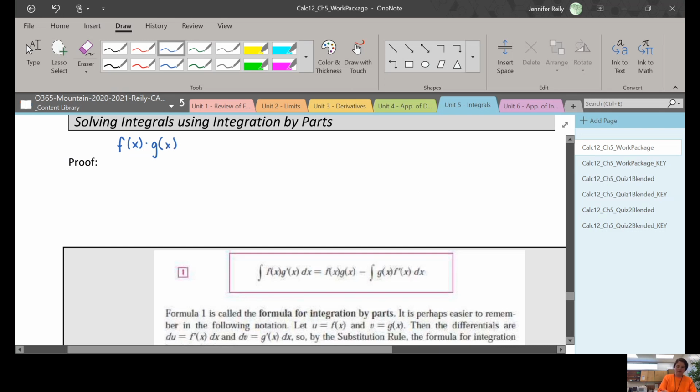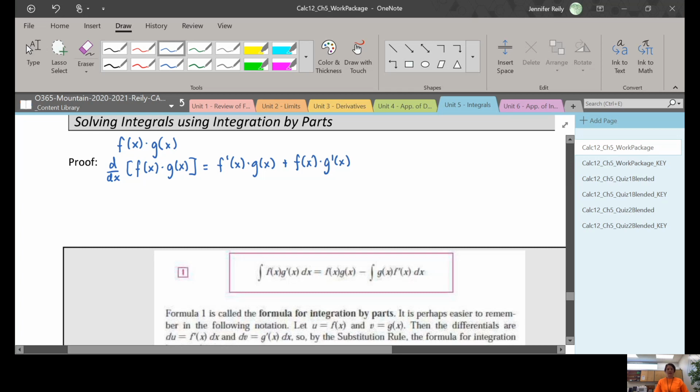And let's take the derivative of that. So the derivative of f of x times g of x would be f prime x times g of x, right? Using the product rule, plus f of x times g prime of x. So that's just the product rule.